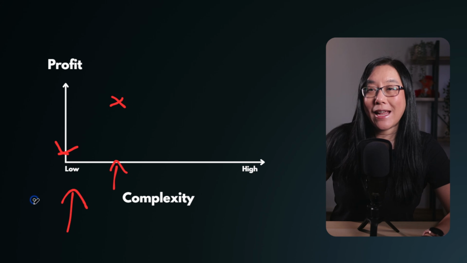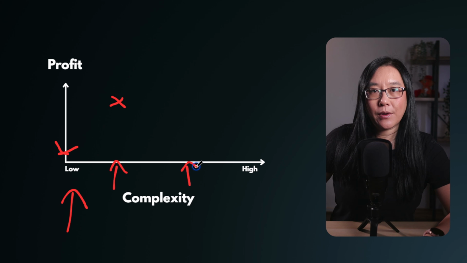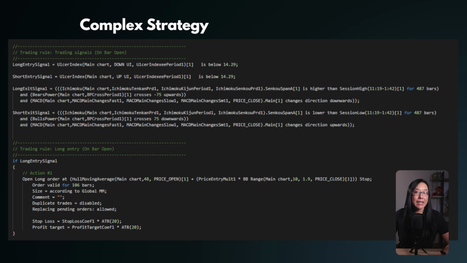Let's go to the extreme now. We're going to look at strategies that are about here in terms of complexity. And here is one of the sample strategies from my 50,000 strategy study. And I hope you can see this on the screen. We've got one indicator for the long and short entry. We've got 4 indicators for the exit.